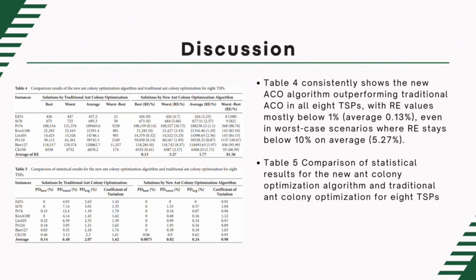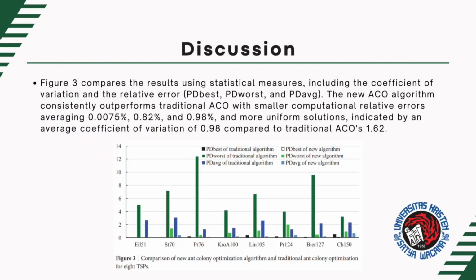Table 5 shows the comparison of statistical results for the new ACO algorithm and traditional ACO for 8 TSPs. Figure 3 compares the results using statistical measures, including coefficient of variation and relative error.